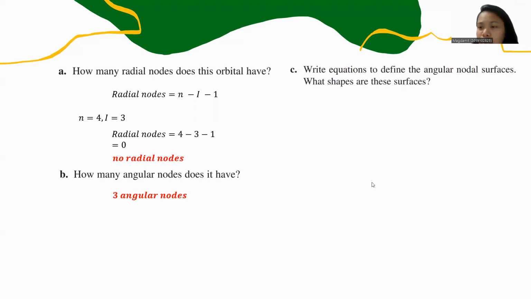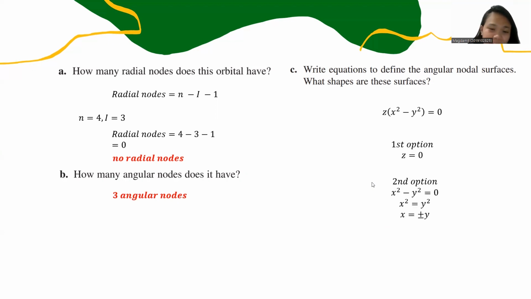For letter C, in order to define the surfaces of the angular nodes, we have to equate the numerator of the fraction with 0, which will be z times the quantity of x squared minus y squared equals 0. In this case, we have two options. The first option is z equals 0, while the second option is x squared minus y squared equals 0.